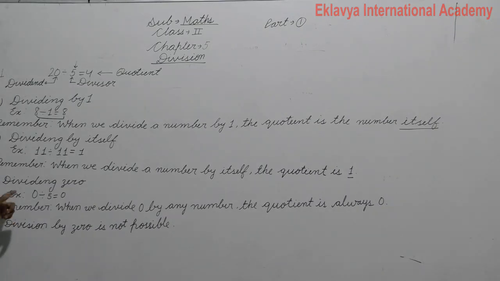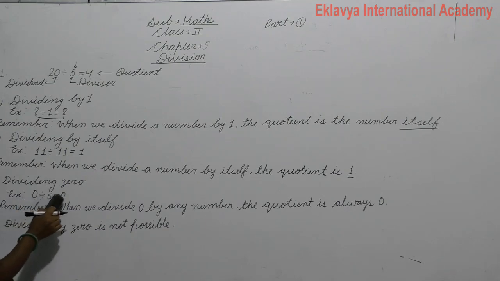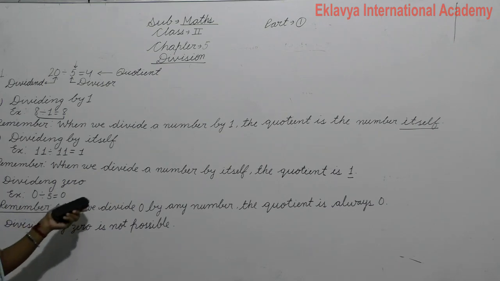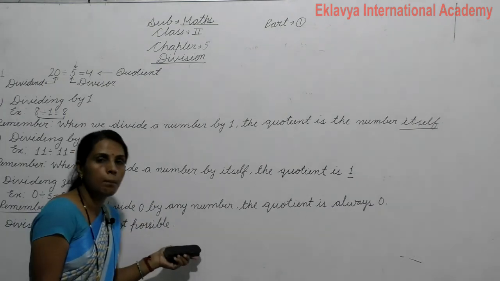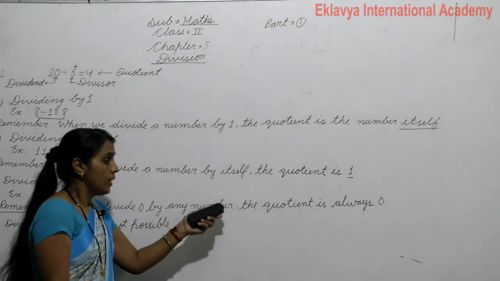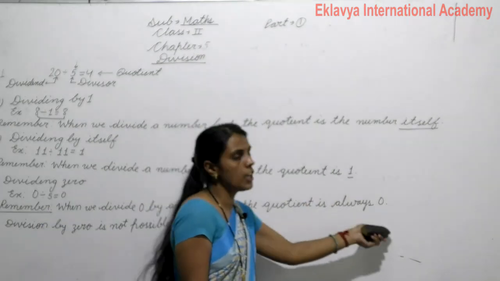Okay students, like dividing 0. Students, I have taken an example here, 0 divided by 5 is equal to 0. Now remember and keep in your mind, when we divide 0 by any number, the quotient is always 0.